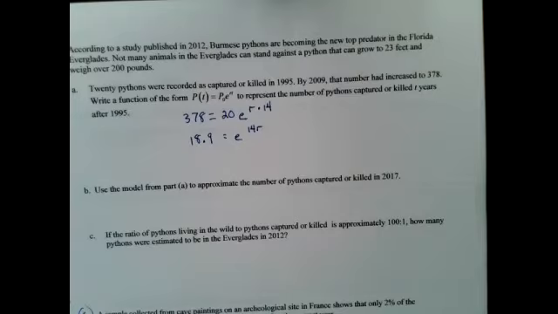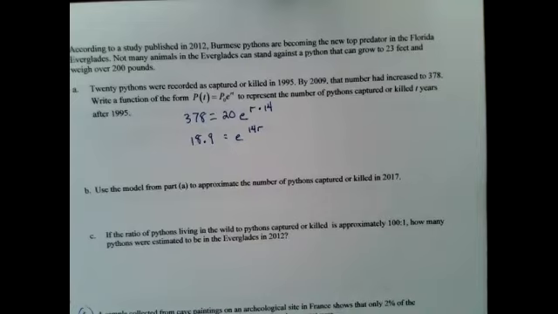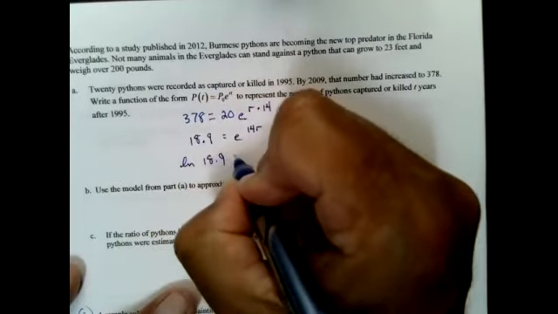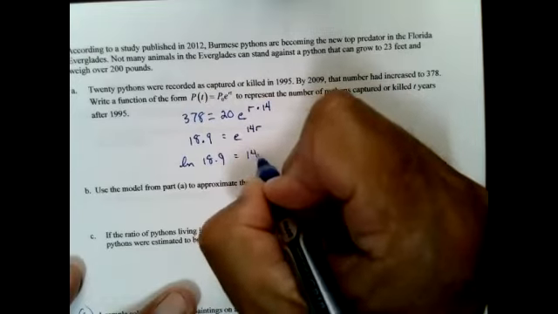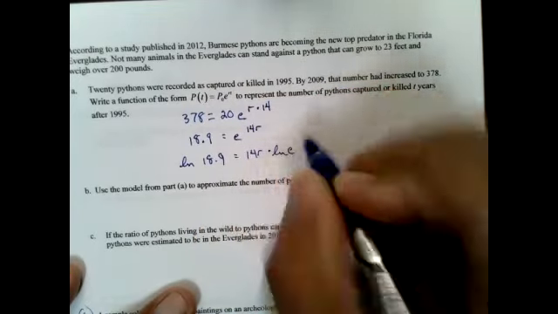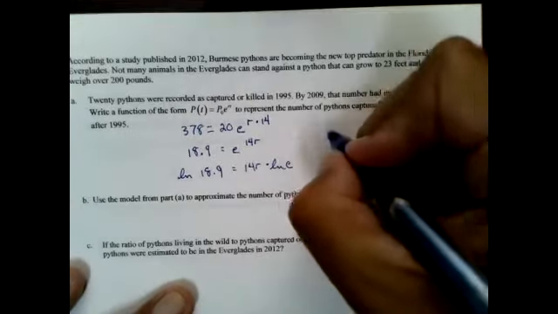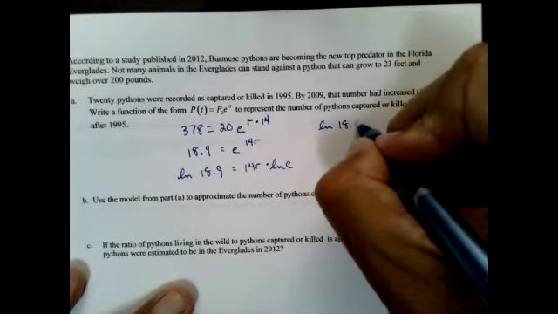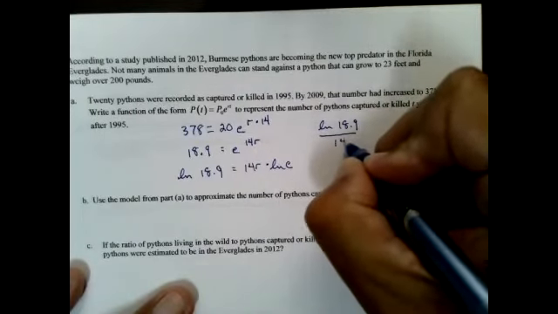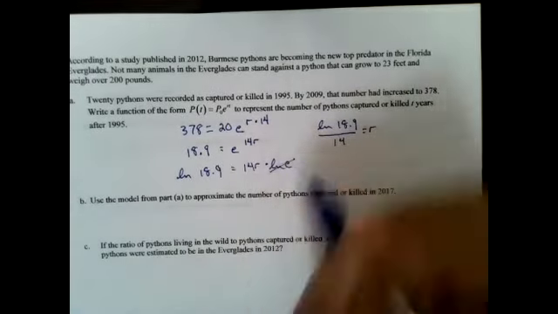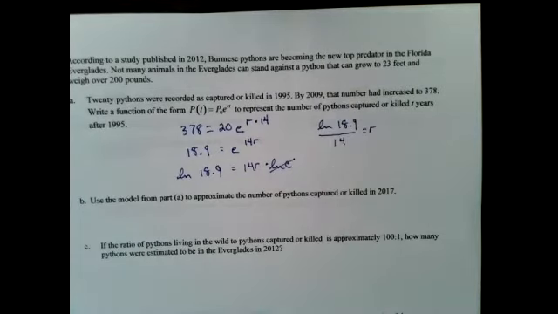What is r? Natural log, because I know the natural log of it. And then I'm going to bring the 14r around, by my power rule. This just becomes 1. So I have the natural log of 18.9 over 14 equals r. Divide by 14.